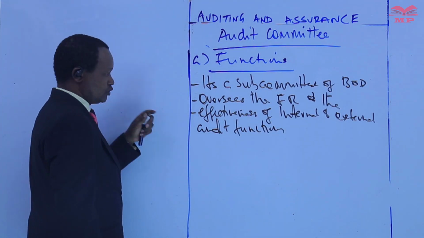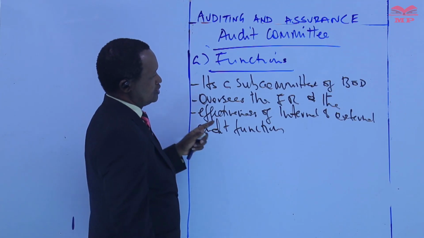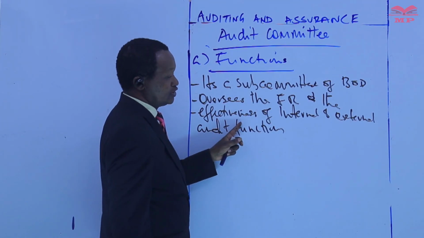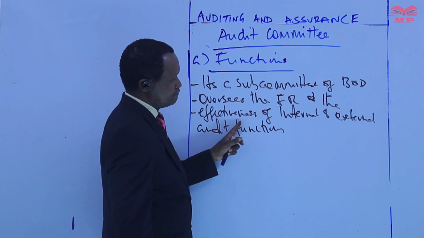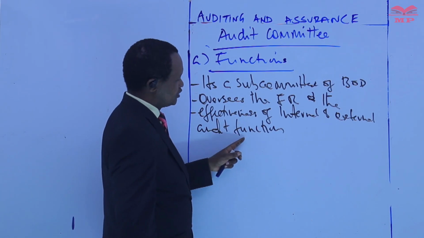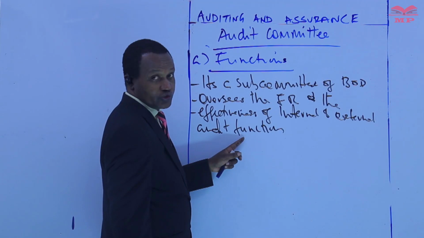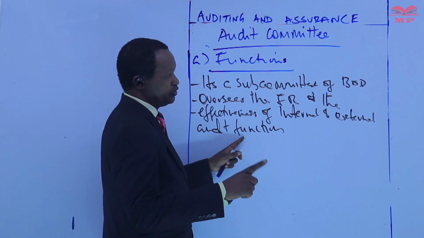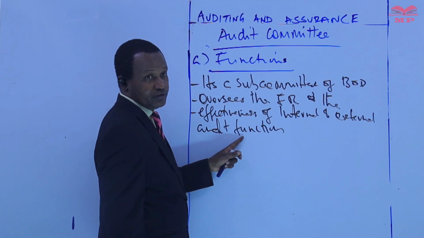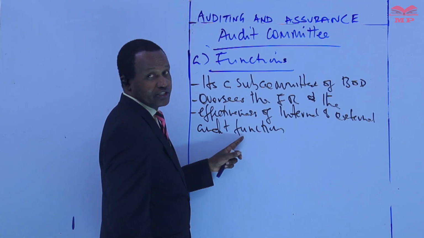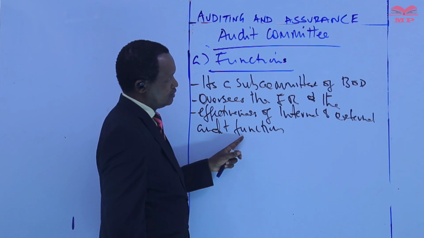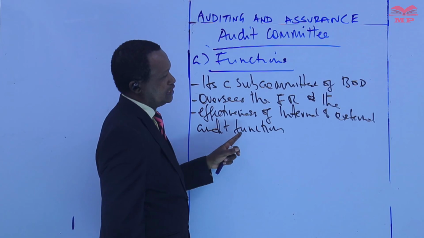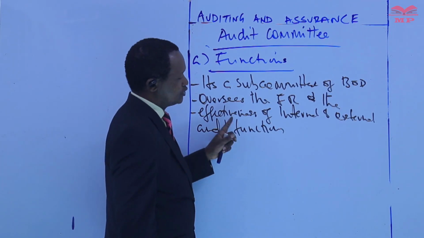That's why earlier on we learned that the internal audit function has to submit its recommendations to the audit committee. The external auditor also has to submit the final report to the audit committee. Before even the external audit report is made available to the public or to the shareholders, the audit committee has to go through the report.